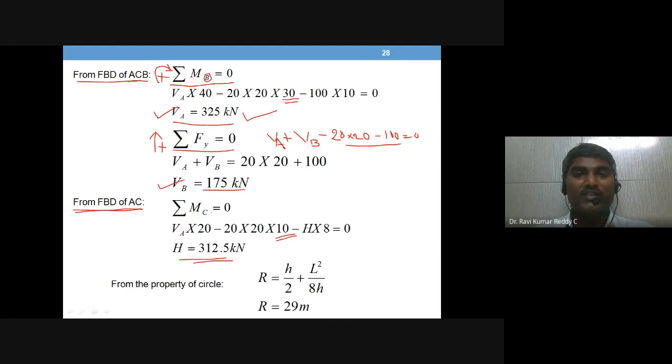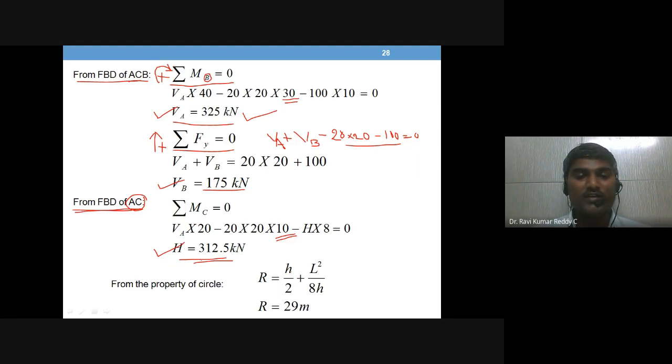The section is now at the crown. So you are using portion AC, which means I am taking the left part. Either left or right you may use. That will give you the H value, the horizontal reaction.